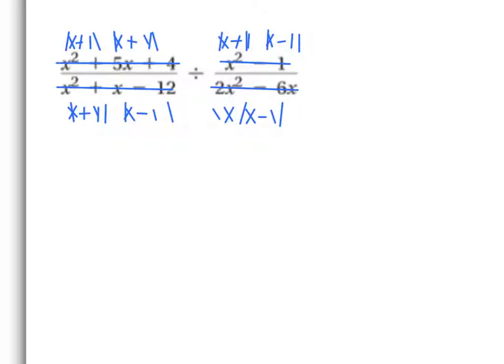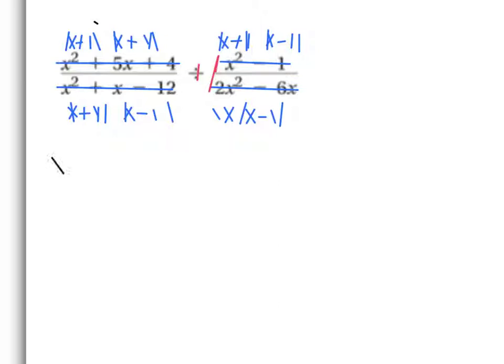So next, I want to go through and multiply my two fractions together. But I've got division here. So I'm going to change it to multiplication by making sure that I reciprocate that second fraction. So what I'm going to do, to show in my work, is I'm going to take this numerator times this denominator.